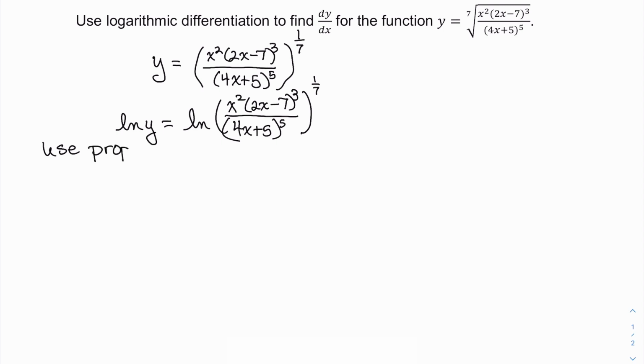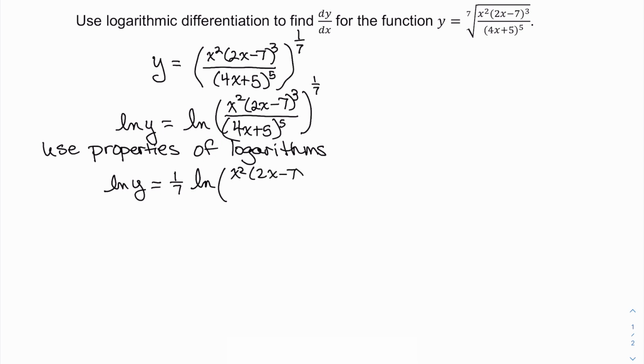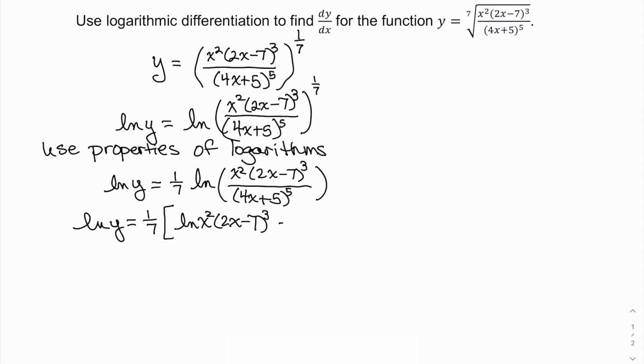So we're going to use the properties of logarithms to expand that right-hand side. We have the natural log of y is equal to, well, this is the natural log of a quantity to a power, so that 1/7 overall exponent can come down in front. Next, the natural log of a quotient is the natural log of the numerator minus the natural log of the denominator. And since I'm turning it into two terms, I need to put brackets around the expression.